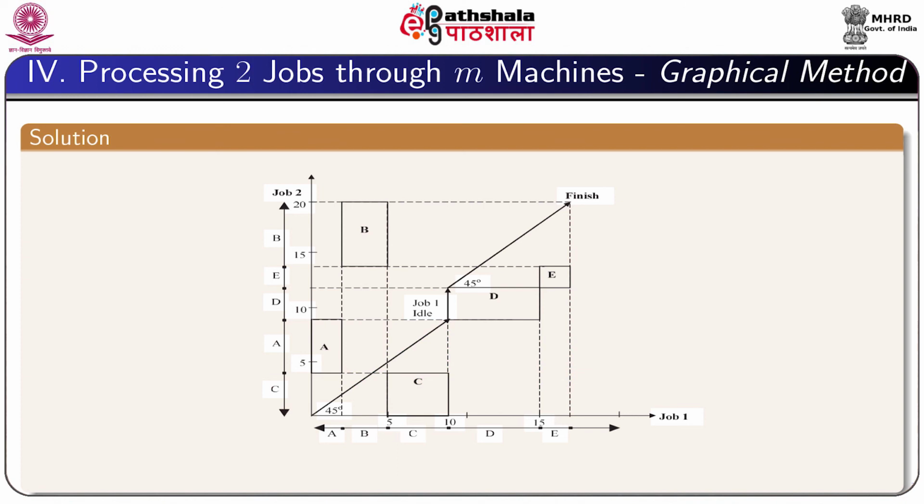and we draw the path. First we start along the inclined line, and then we follow vertically, and then finally we move in an inclined path to reach the finish point.